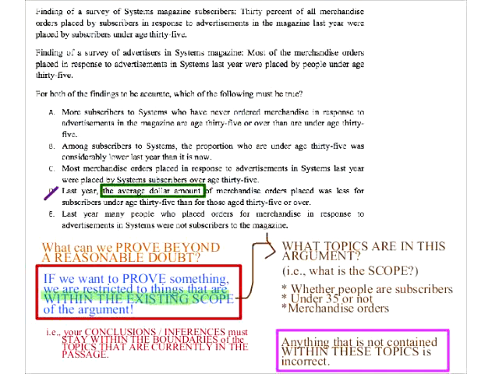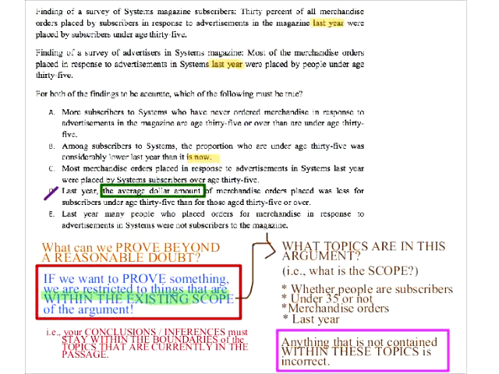The passage also just talks about last year. Like, this year has absolutely nothing to do with the argument at all. Like, here's last year, and here's also last year. So anything that talks about this year or now is out of scope.